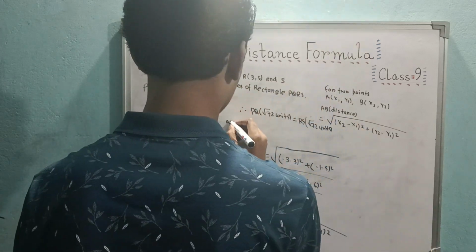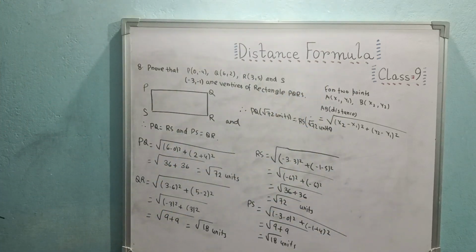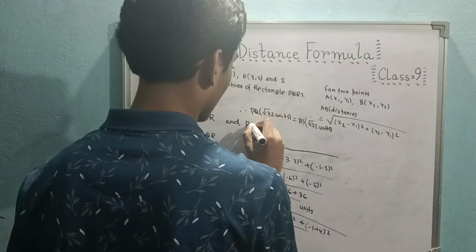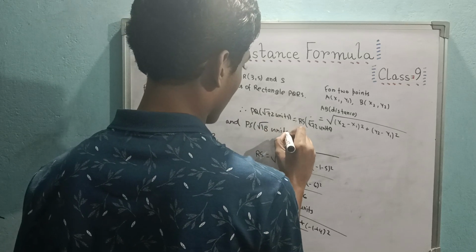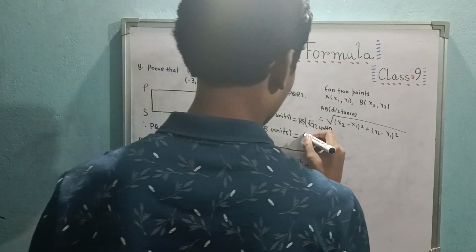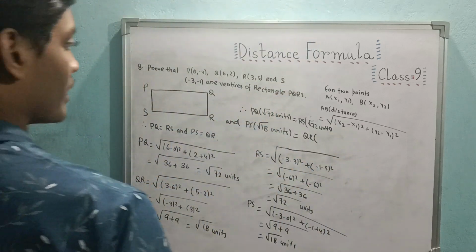And this is now legit. PS equal to QR. PS we got root 18 units, equal to QR, and we got QR as root 18 units as well.